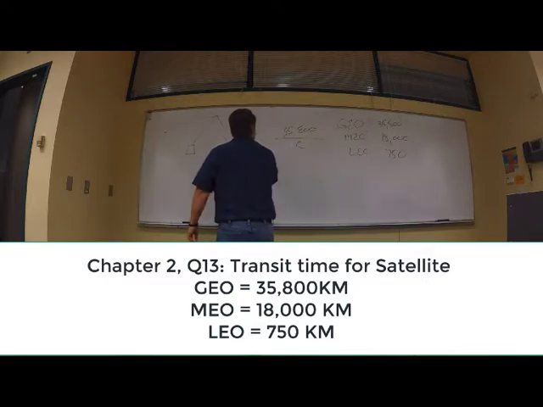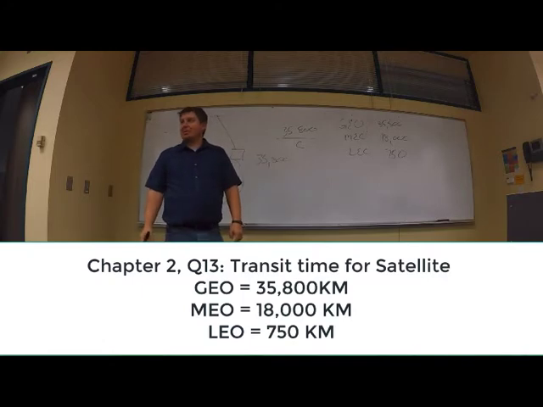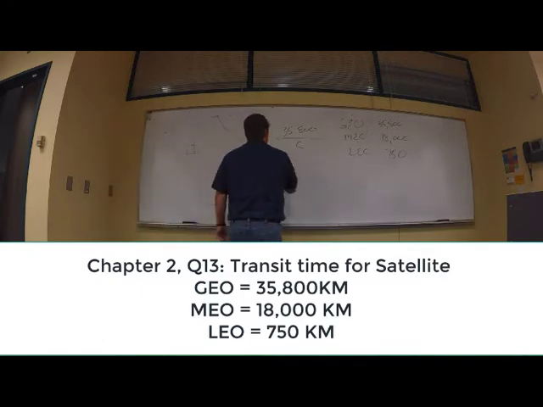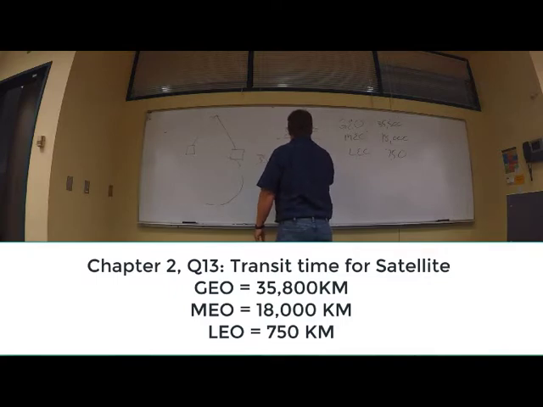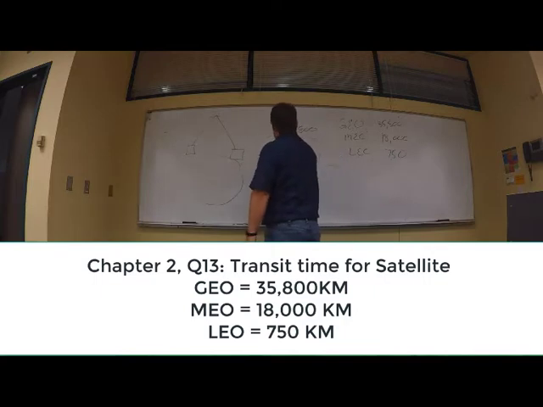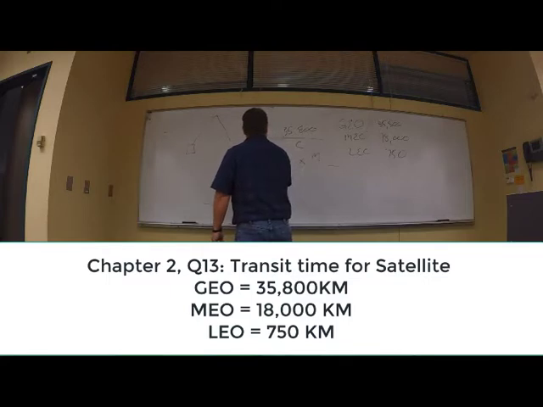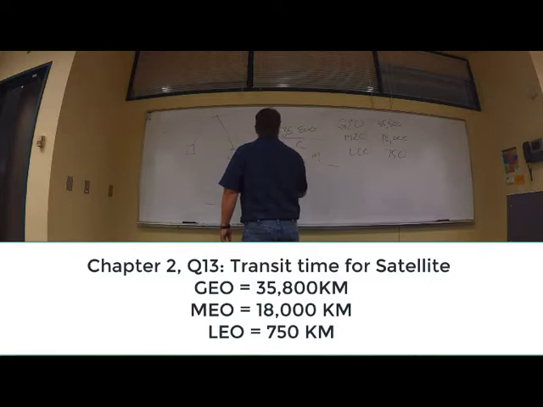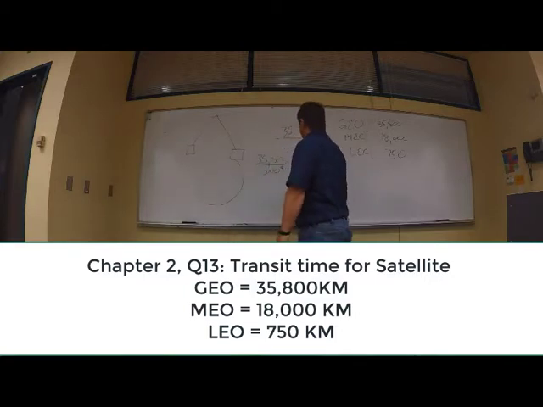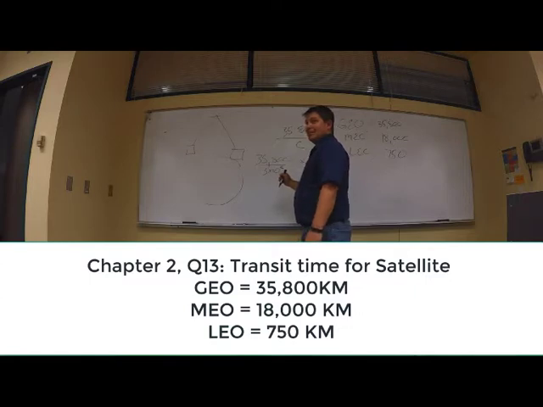You have 35,800, times 1,000, measured in meters, and the speed of light is 3 times 10 to the 8th, measured in meters per second.